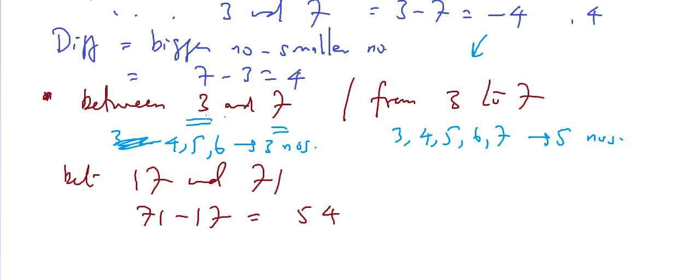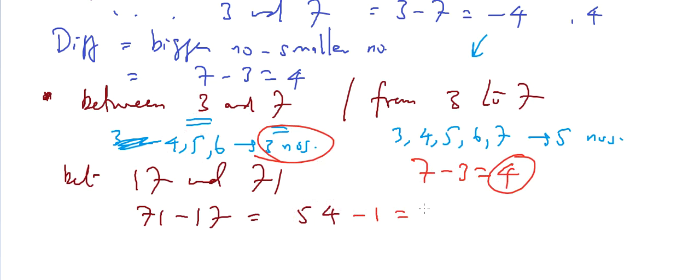For example, suppose you want to find how many numbers are there between 3 and 7. Subtract 3 from 7, 7 minus 3 is 4. But it's not 4, there are only 3 numbers between 3 and 7. So you find the difference and subtract 1. So 54 minus 1, 53 numbers, not 54.